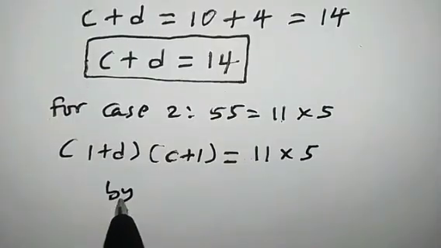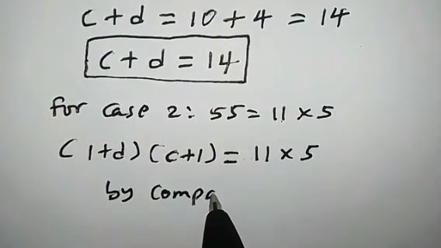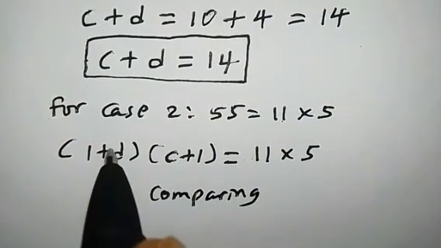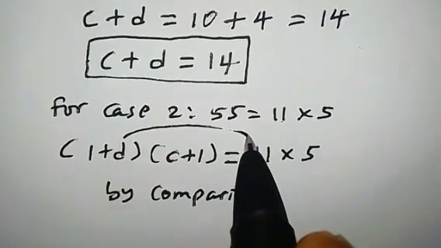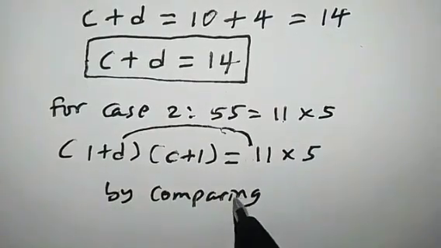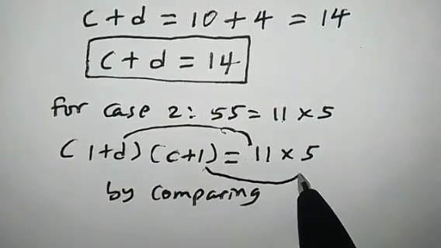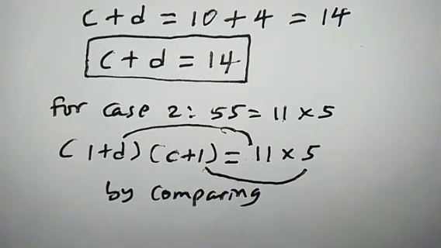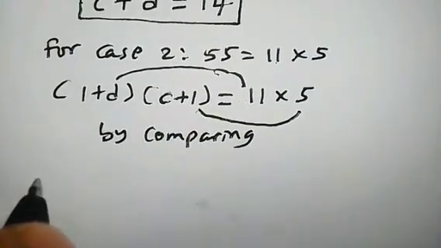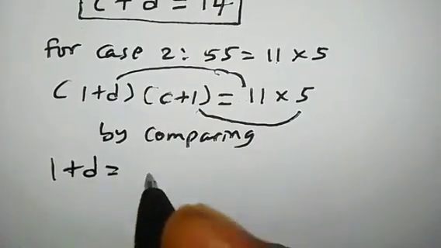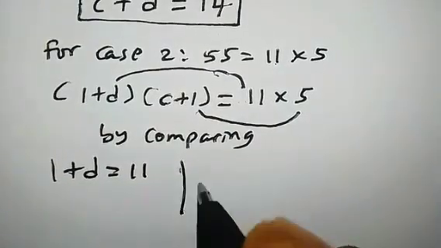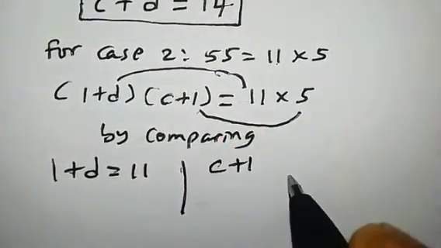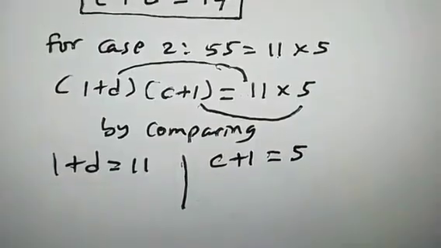By comparing, 1 plus D will be equal to 11 and C plus 1 will be equal to 5. That is component-wise. 1 plus D is simply equal to 11 and C plus 1 is equal to 5.